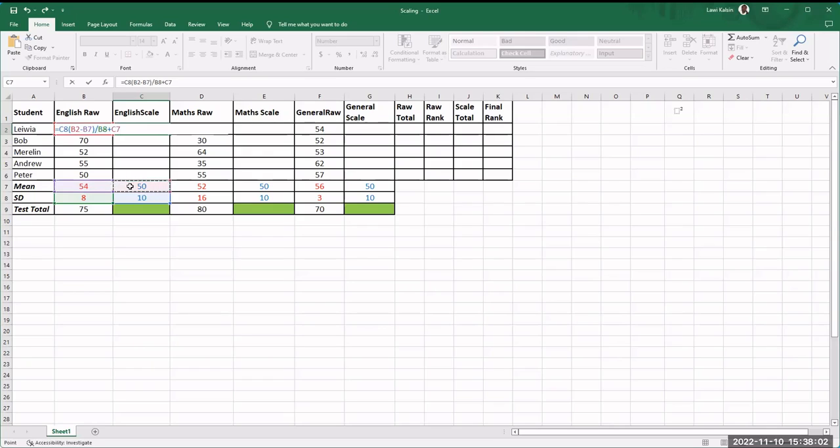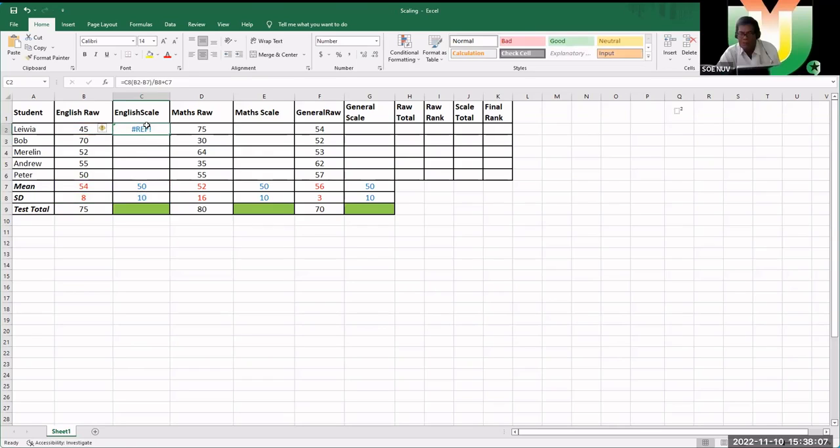Now you have completed the formula, but something is wrong with our formula here.